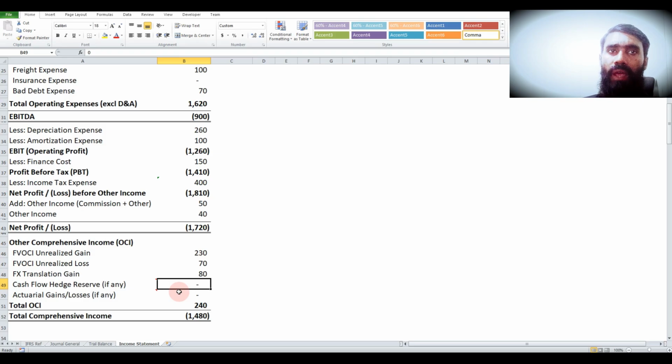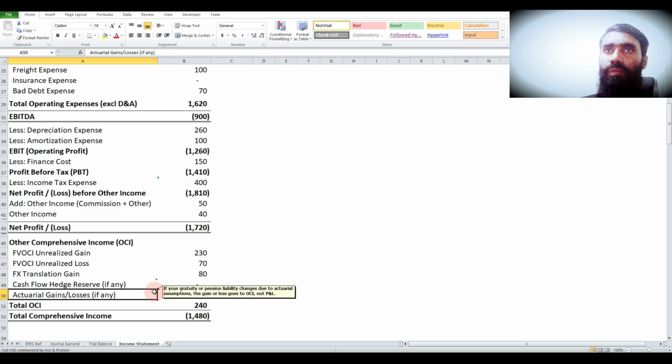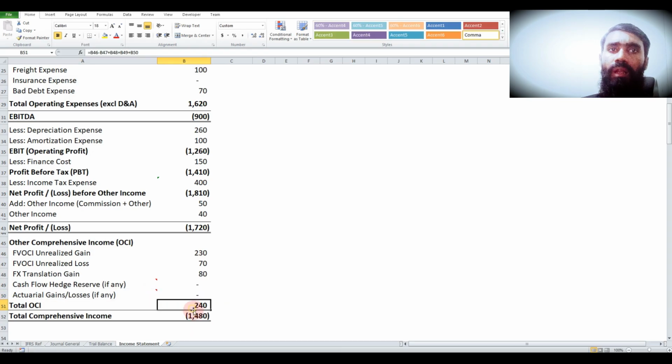If you have, you can add this in it. Actuarial gains and losses, if any, I didn't have, so I didn't add it here. If your gratuity or pension liability changes due to actuarial assumptions, the gain or loss goes to OCI, not P&L.